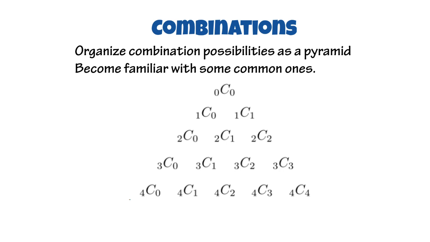So if you look at what I've got, I've created it in a pyramid fashion here. This is combinations of 0 choose 0. Then we have, this is called row 0. This is row 1. It's 1 choose 0, and 1 choose 1. All right, if you had two items, you could do 2 choose 0, 2 choose 1, 2 choose 2, and so forth, and so forth. And this is going to get bigger and bigger as it goes.